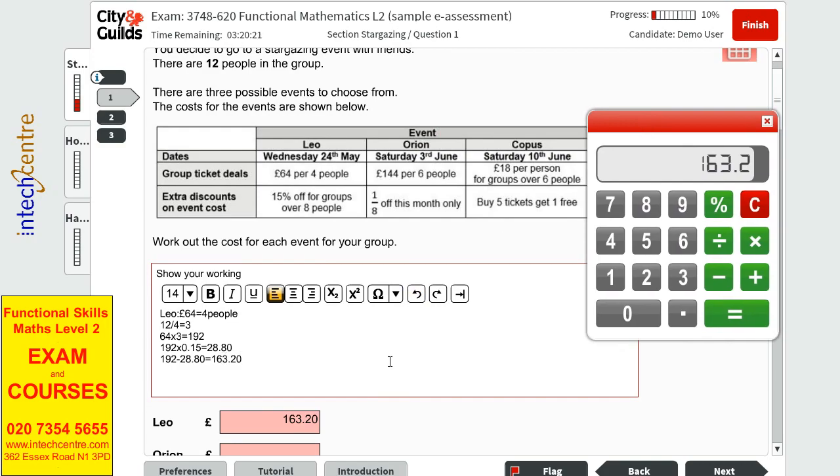The next event we'll be looking at is Orion, and we have a cost of 144 for 6 people. You can skip the bit where you put 144 equals 6 people, or you can go ahead and continue so.